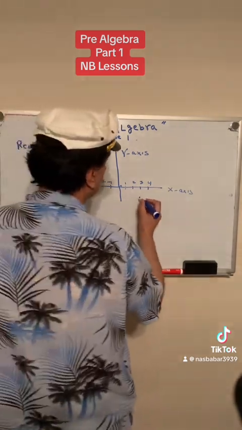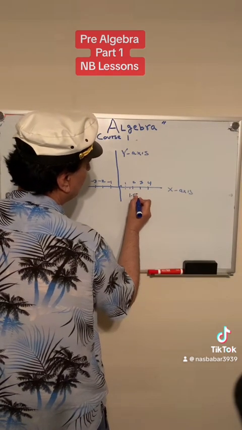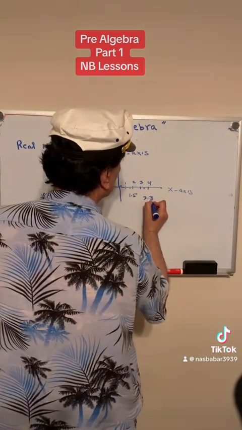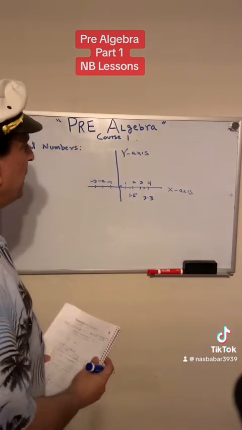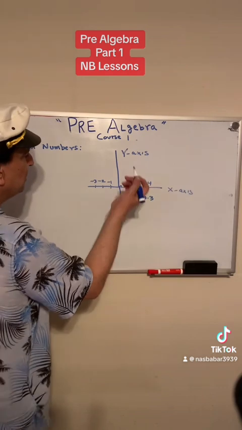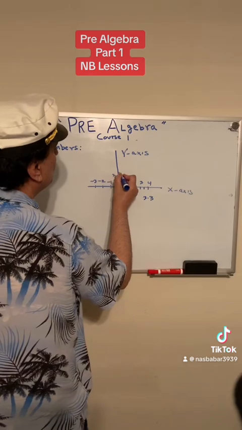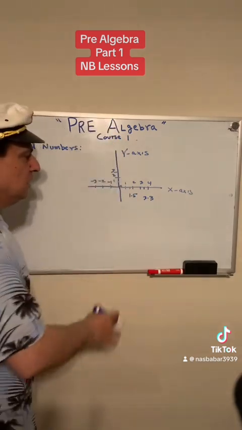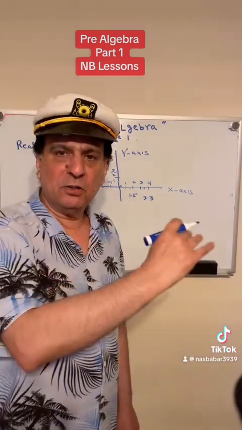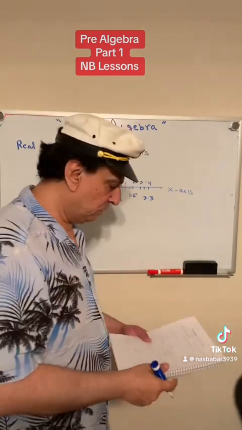Even a decimal number, say right here, 1.5, that's also a real number. 3.3, that's also a real number. So anything which you can plot on the x-axis or y-axis is a real number. On the y-axis also you can go 1, 2, 3, and so forth. So any number which can reside on a horizontal axis or vertical axis is classified as a real number.